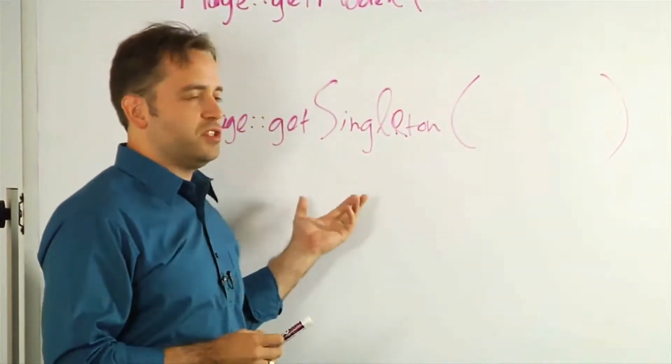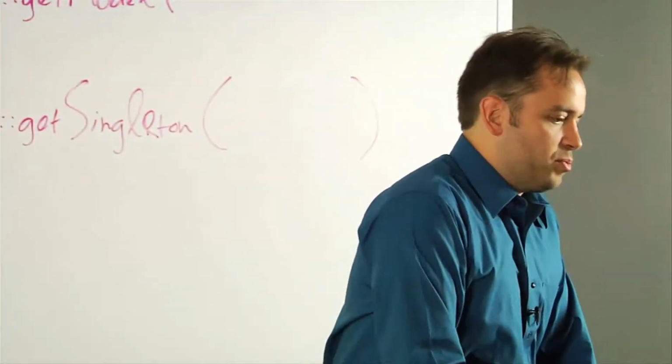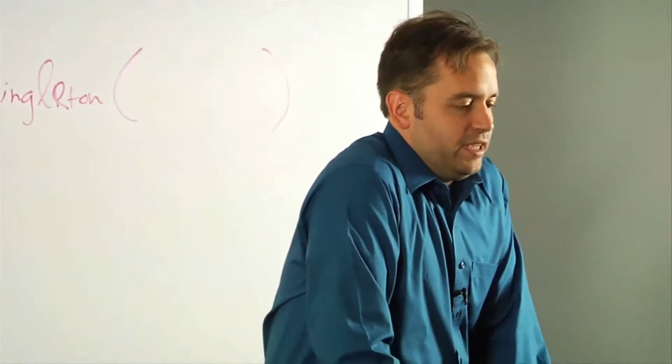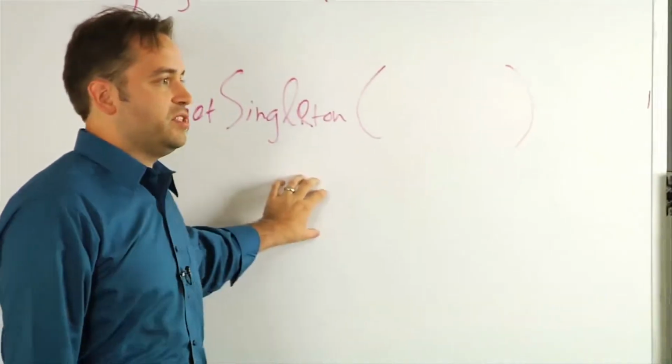So what happens with singletons traditionally is their constructor is protected. You basically call some function to get an instance. Basically, the class instantiates itself, or there's some factory method like we have here that will get an instance of an object.